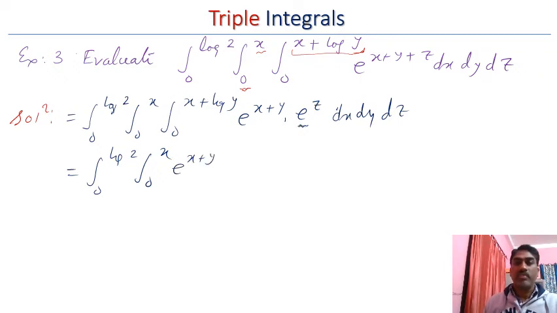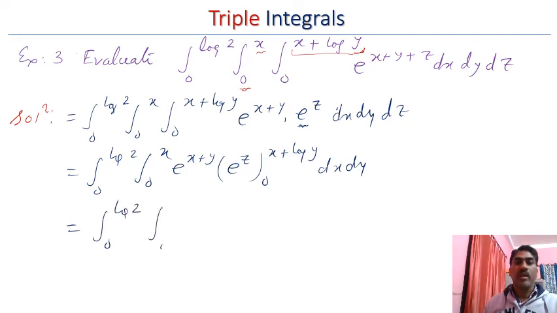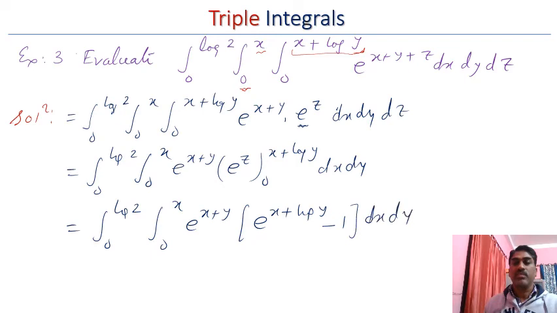E to the power z integrates to e to the power z, with limits 0 to x plus log y. Then dx dy remain. Now put the limits: we have e to the power x plus log y minus e to the power 0, which is 1, dx dy. This can be further simplified.